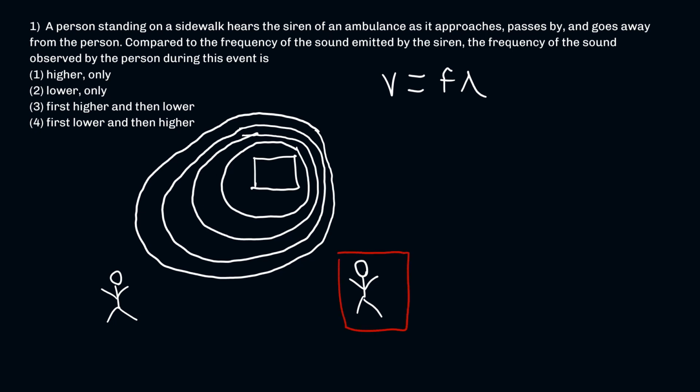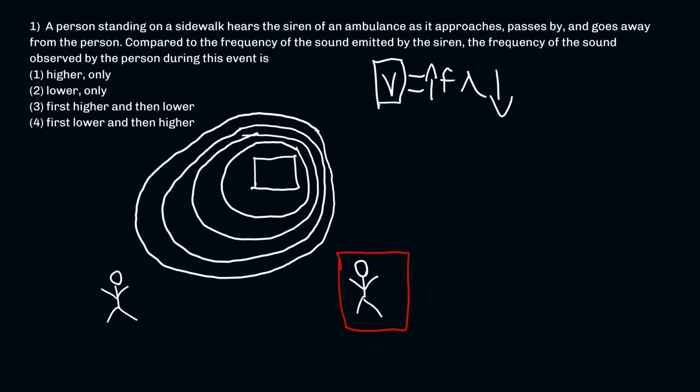So our first situation here, we have when the ambulance is moving towards my person on the sidewalk. You can see here that my wavelength is much shorter, so my wavelength is lower. Since my velocity for sound at STP would be 331 meters per second, velocity of sound is going to be a constant. If my wavelength is lower, my frequency then must be higher in order to keep my velocity constant.